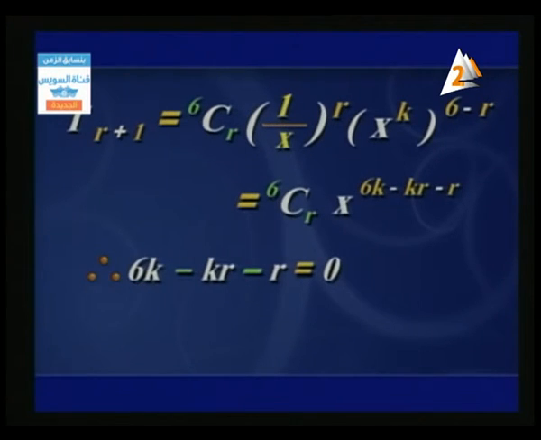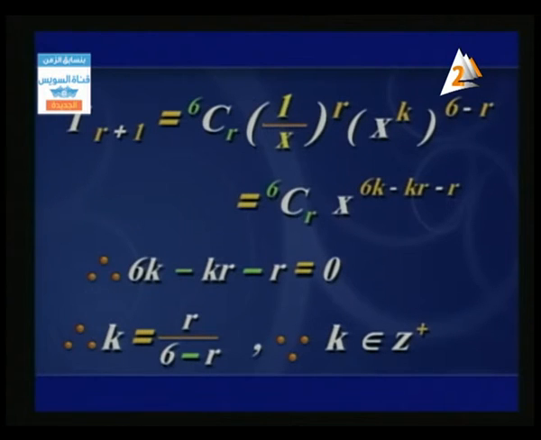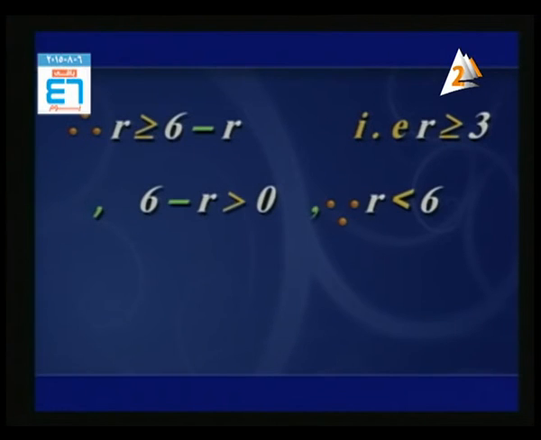Therefore, 6k − kr − r equals 0. Therefore, k equals r over (6 − r), and since k belongs to Z positive, therefore r is greater than or equal to 3, and 6 − r is greater than 0.